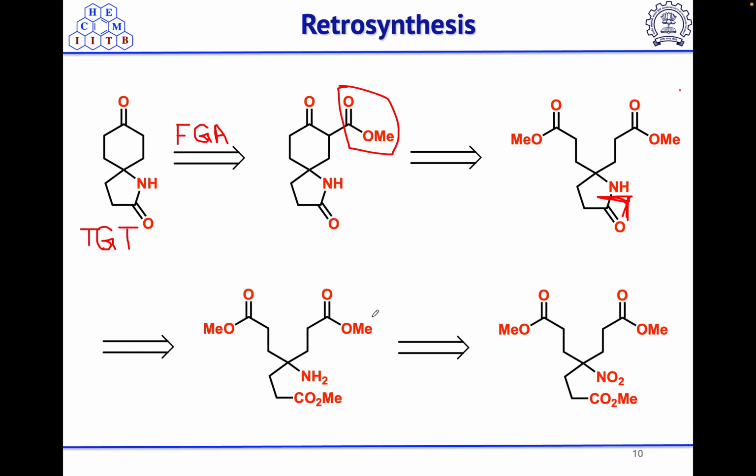So this is the functional group interconversion. So this amine from nitro, we can think some reduction we can do. So now from where we can get this molecule? So this is now a pretty symmetrical molecule.